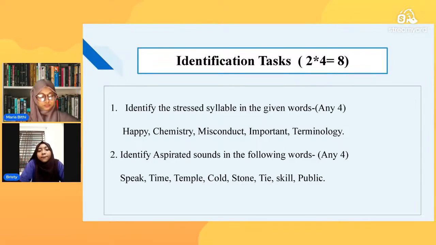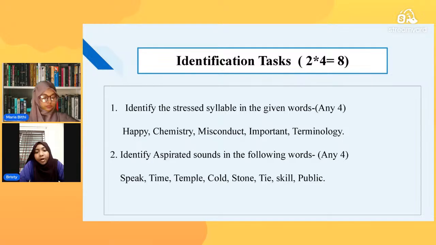Happy. The first syllable is stressed because we know in most nouns and adjectives, the first syllable is stressed. Then misconduct. The middle syllable is stressed because we know that in a word of 3 syllables, any of them can be stressed.